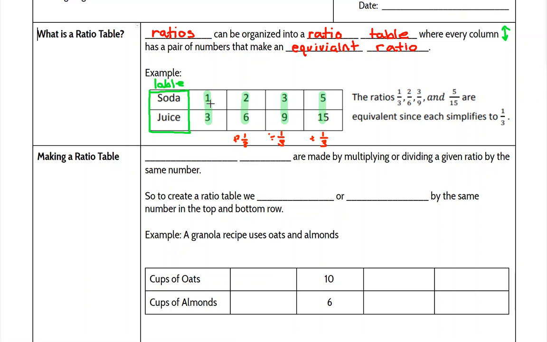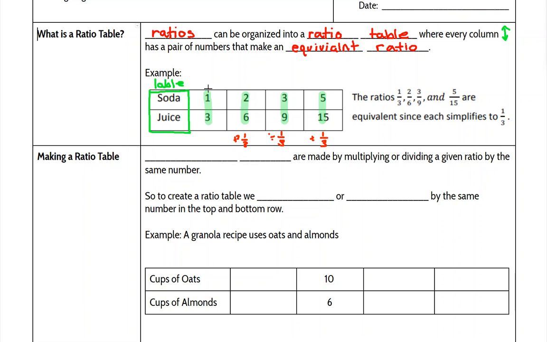Now, oftentimes they start small and get bigger, but they don't always have to be in order. You'll notice that this goes up 1, 2, 3, but then it skips a ratio and goes to 5 instead. So be aware that sometimes they skip, okay? So the pattern, if you'll notice, is going up by 1 each time until here, and then up by 3.